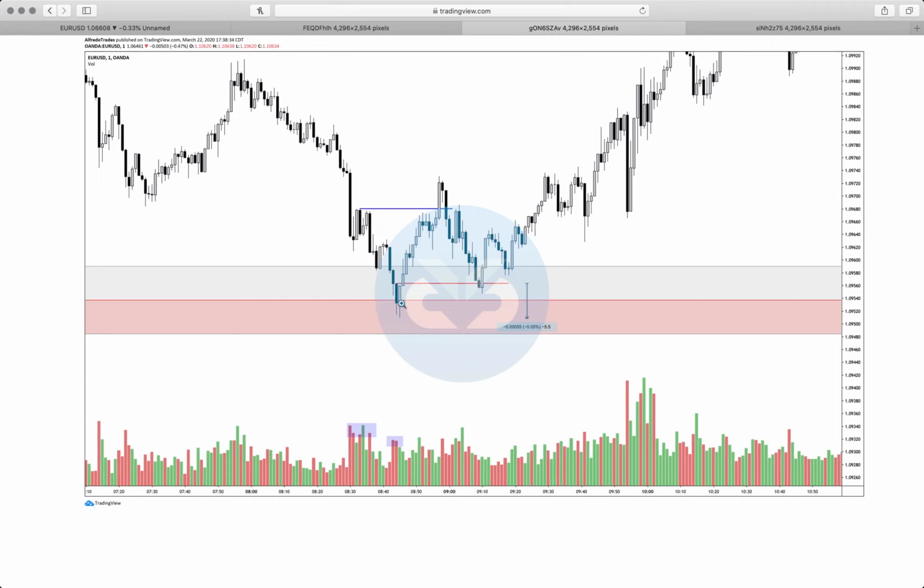You could have easily just put a limit at the 50% with a 6-7 pip stop, and that goes on to be a 13-14 to 1 trade. But you can get a better RR if you wait and zoom in to smaller time frames.